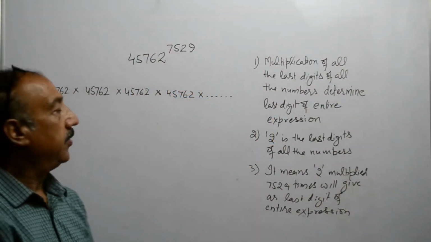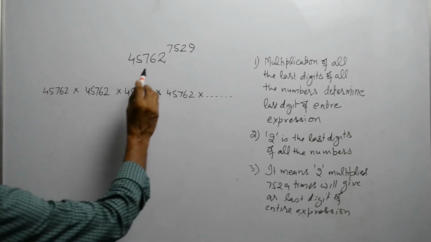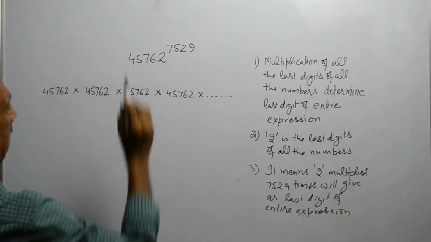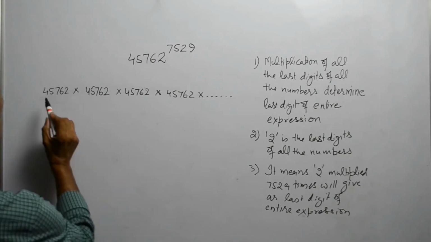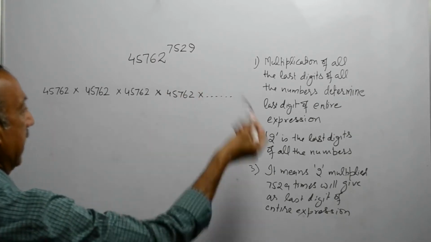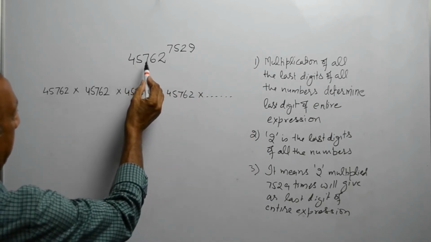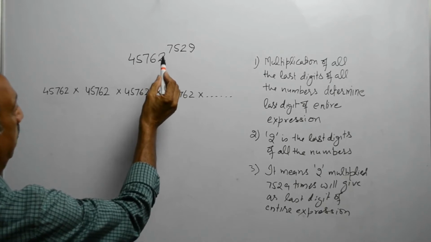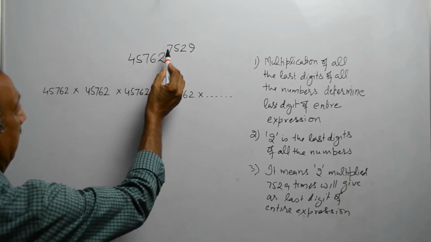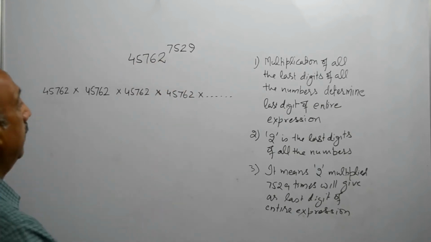In the last video, we have learned that exponentials are a special type of multiplication where same number is multiplied again and again. Here 45,762 is to be multiplied 7,529 times.